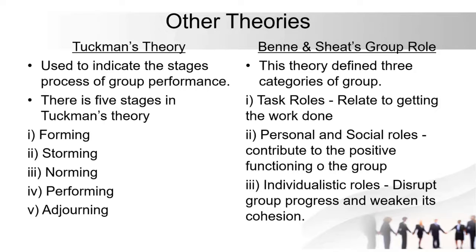And Benne and Sheats divided it into three roles, in which each role has its own behavior orientation. It can also be described as a behavioral theory where each task role has its negative and positive notes.